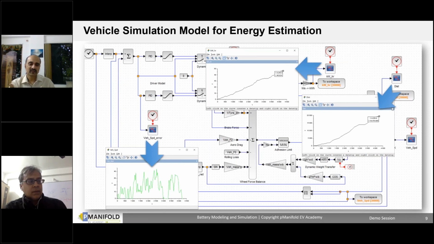We will do practice sessions, if required, on Excel as well, but we'll definitely do it on Scilab to make people conversant with the tool, how the blocks are used, how these models are created, so that from the next session onwards, they can catch up and start making those models right in the class.